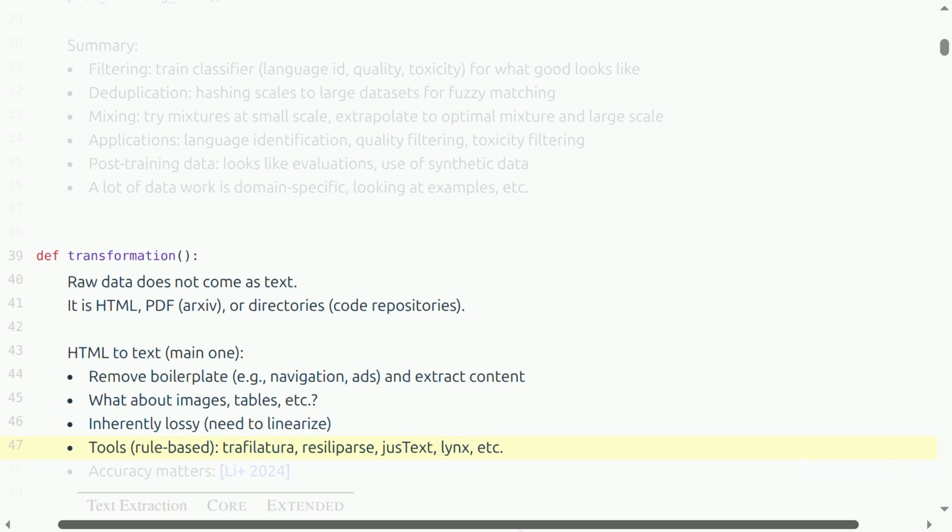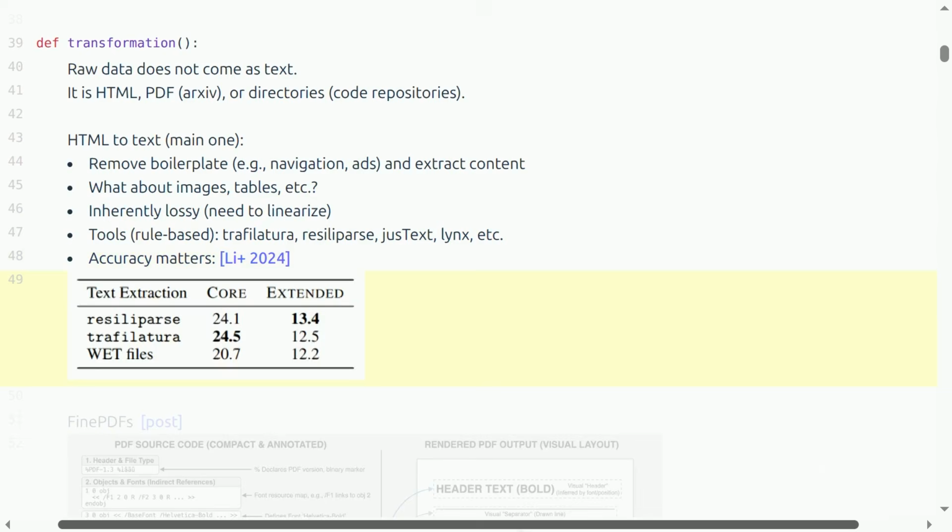But if you ever look at data, you'll notice there are imperfections in the data just because any rule-based processing is going to have some failure rate. As we showed last time, the accuracy does matter depending on which tool you choose. If you use Resiliparse or Trafilatura, then I guess Resiliparse on these extended DCLM evals works better than the others.